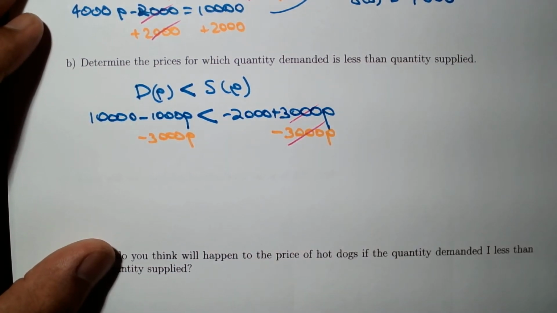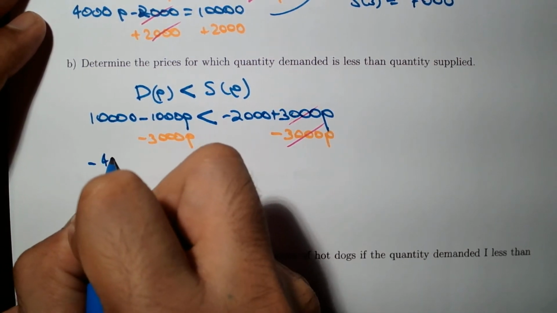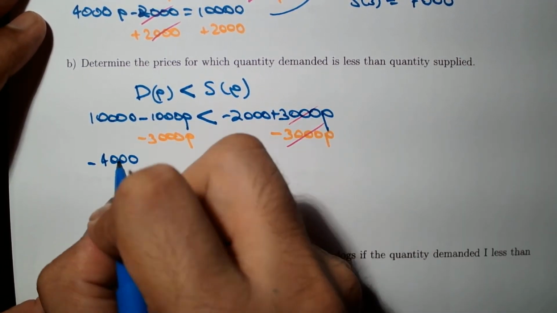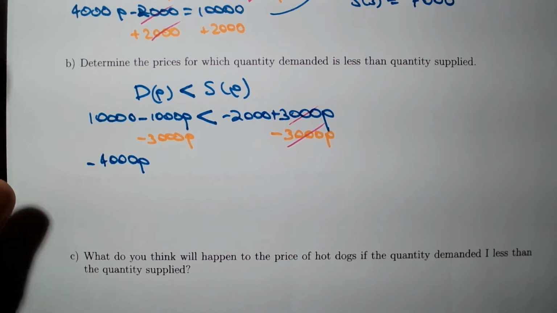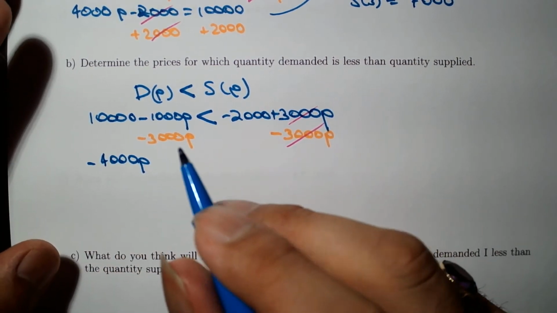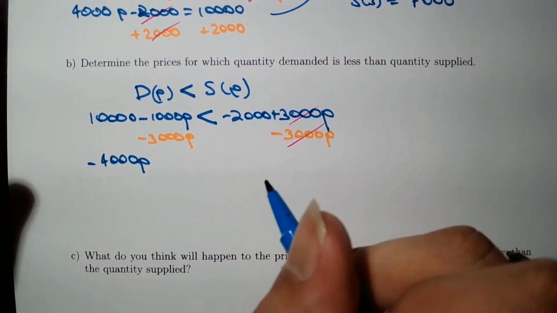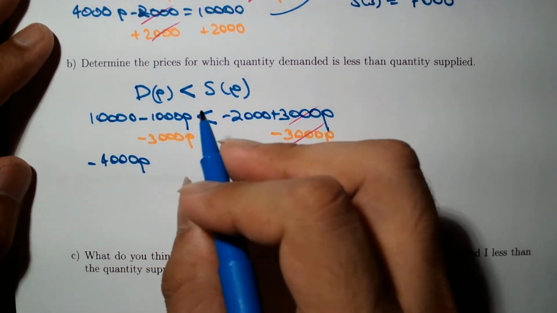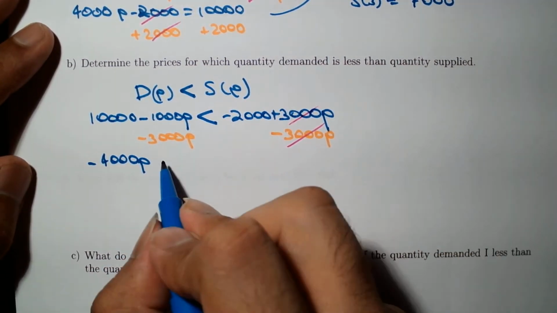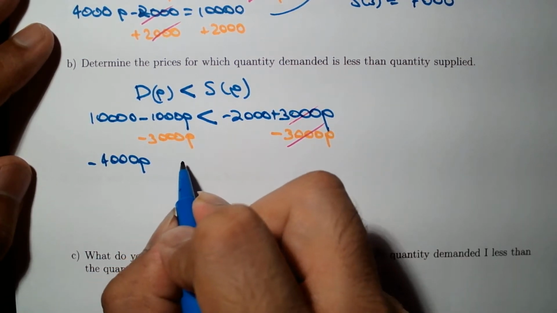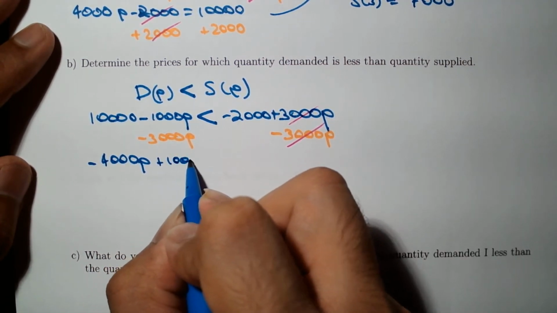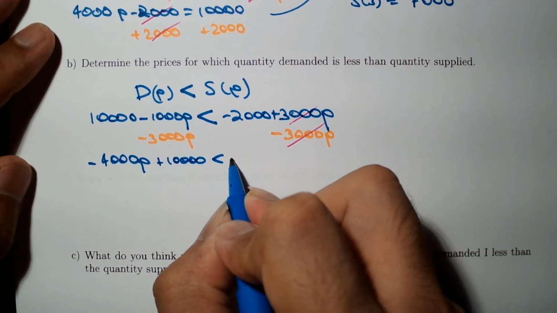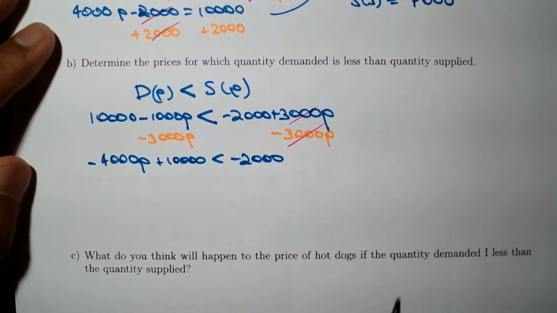And that's going to give me negative 4,000 P plus 10,000 less than negative 2,000.